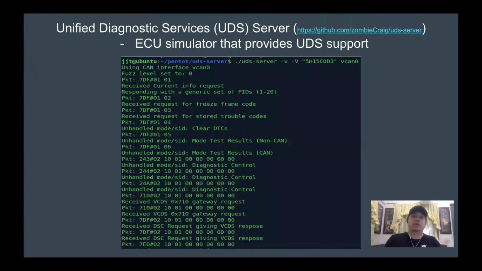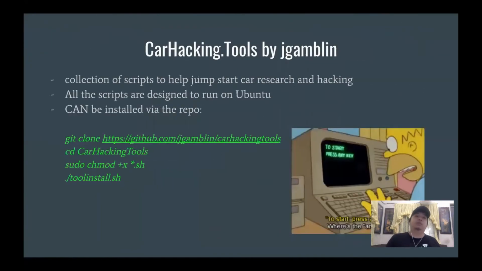Now, if you want to try UDS CAN messages, you can install UDS server by Craig Smith. This is a sample of an ECU simulator that provides UDS support. Aside from that, as a car hacker, you need to install Car Hacking Tools by Jay Gamblin.